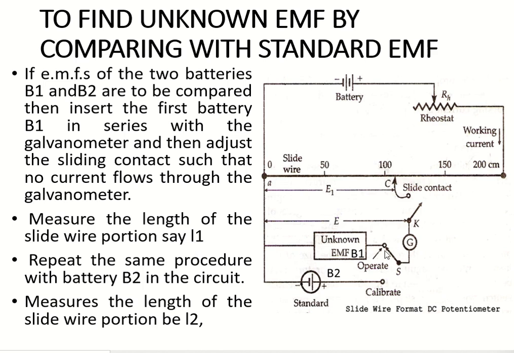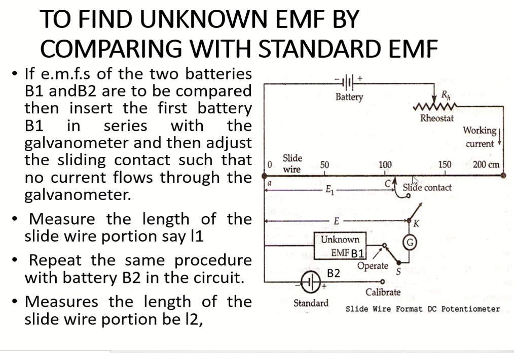Next step is you have to switch this S to the B2 position, which is the standard battery. This value we know, this is the standard value of the battery. So you have to connect S in this position and move the sliding contact so that the galvanometer shows zero deflection.